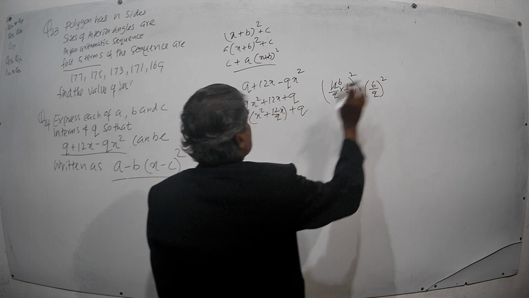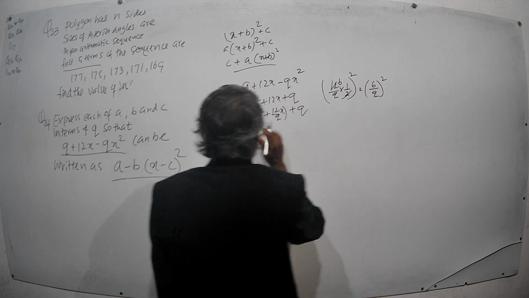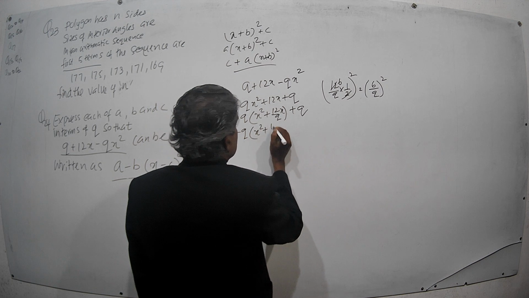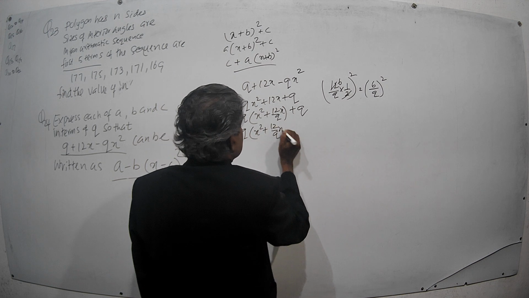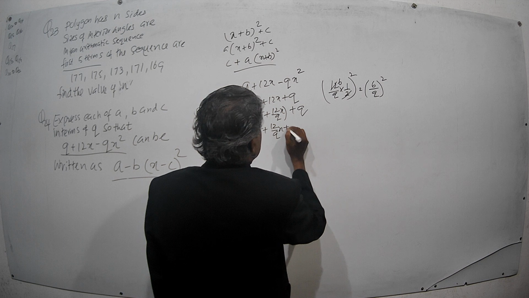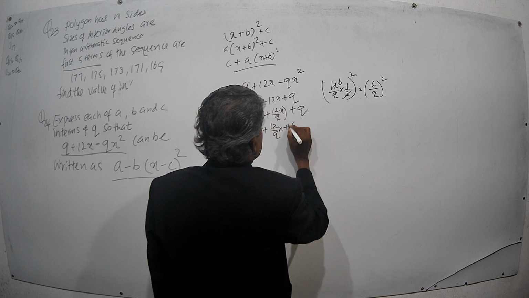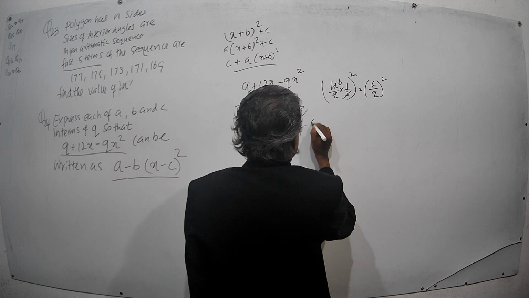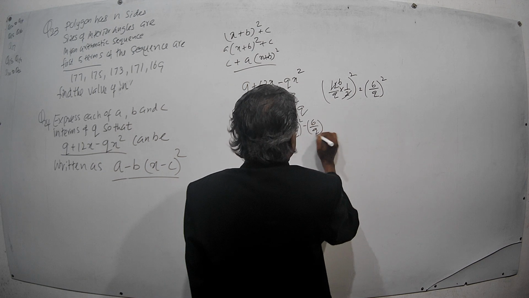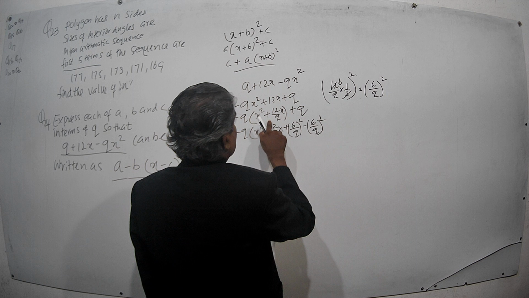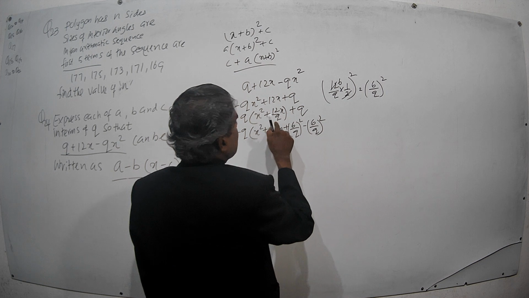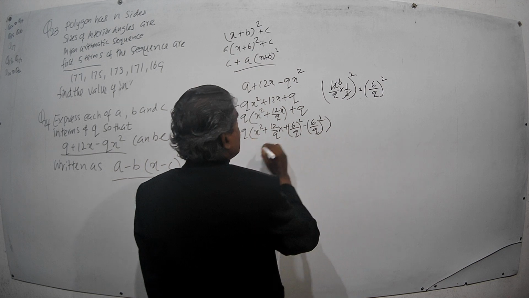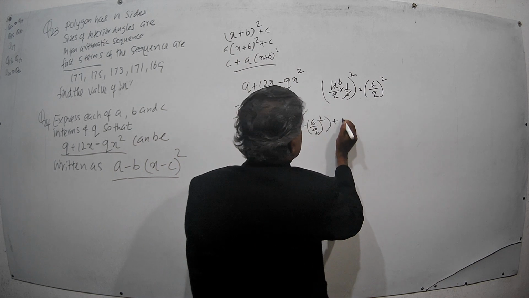Now you add and subtract this to the expression. Then it will be minus q times x squared plus 12 over q x, add 6 over q squared and minus 6 over q squared. Now we have completed the square, and then we put the bracket, then plus q.